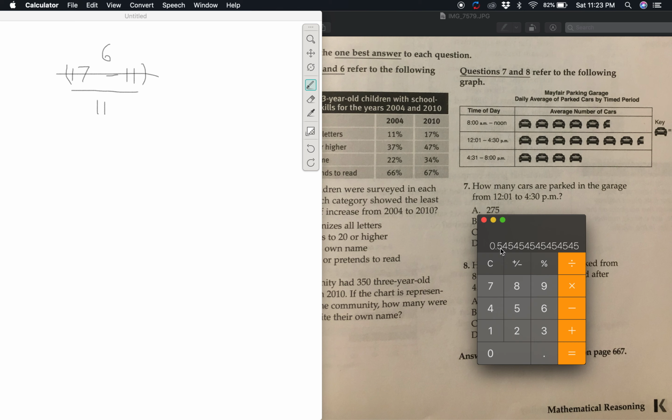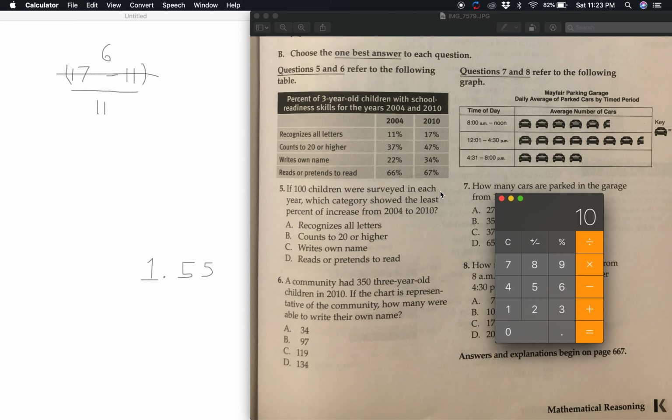55%. In this case it's 54, but the digit after is 5, so round it off to 55. So number 1 is 55%. Then let's find the difference here. The difference is 10, because 47 minus 37 is 10.